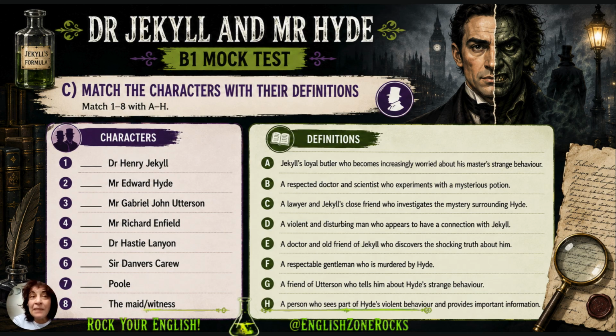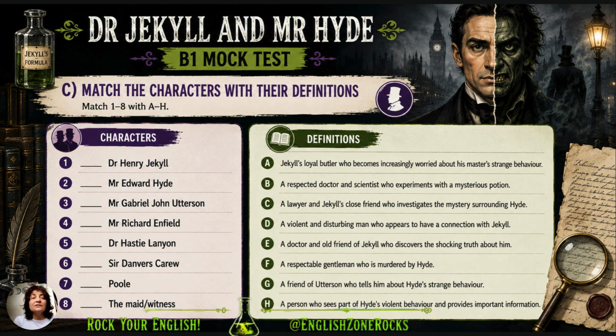Jekyll's loyal butler who becomes increasingly worried about his master's strange behavior. A respected doctor and scientist who experiments with a mysterious potion. A lawyer and Jekyll's close friend who investigates the mysteries surrounding Hyde.